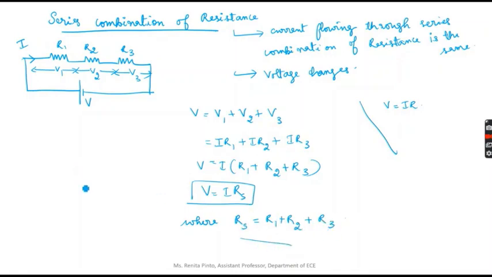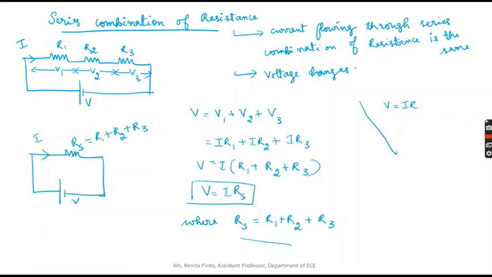According to this, I can also simplify the circuit and write it as a single resistance: voltage V, current I, and a series resistance where Rs is equal to R1 plus R2 plus R3.